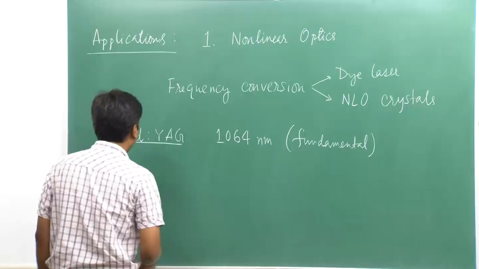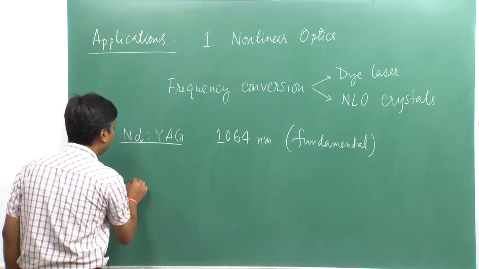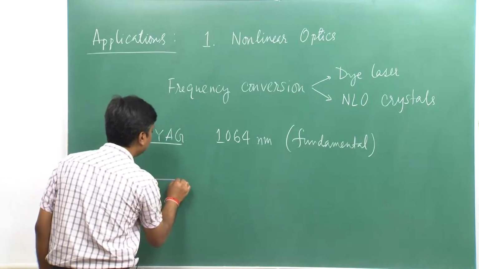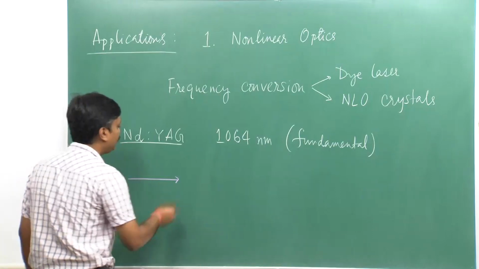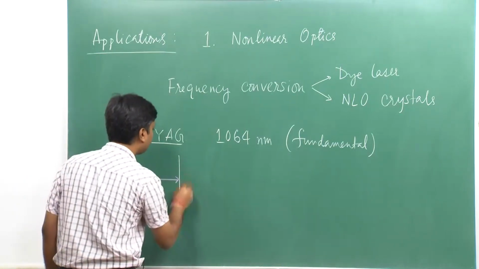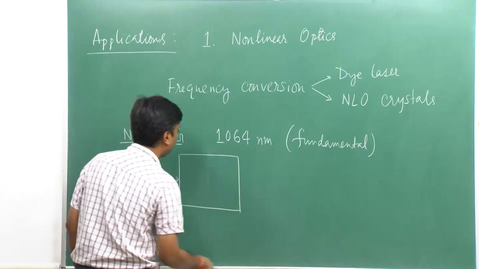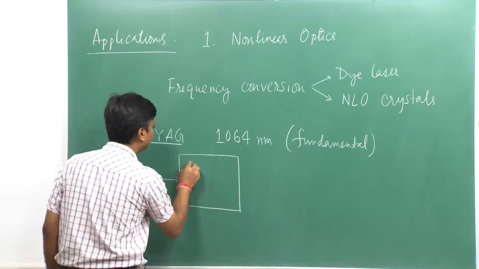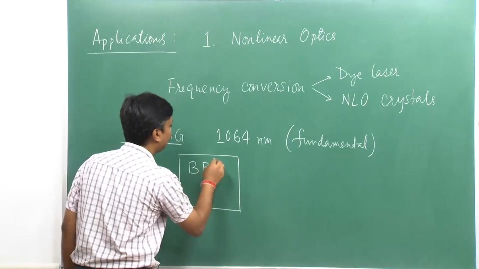What people used to do was take the output of the Nd:YAG laser, given by this particular color, and then put a transparent crystal of something like beta barium borate.